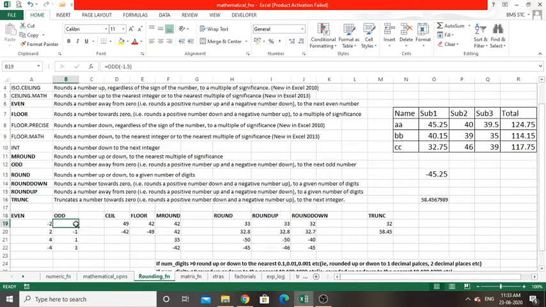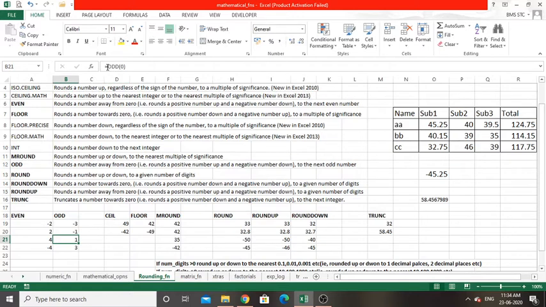So it resulted as negative 3. The next is equals odd of negative 0.5. Which is the next adjacent odd number? 1, right? And it is a negative number, so it will be negative 1.